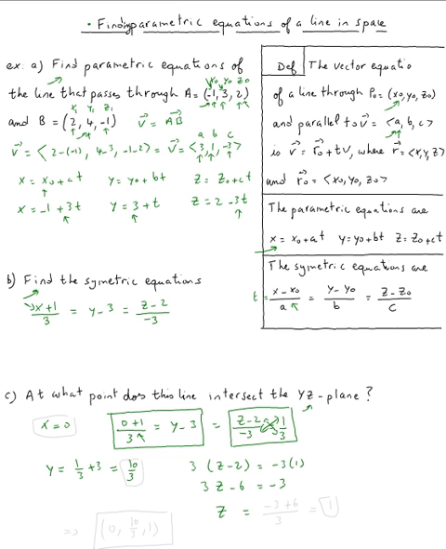So z equals -3 plus 6 over 3, which is 3 over 3, which is 1. Alright, so I have my x is 0, my y is 10 over 3, my z is 1. So therefore, the point will be 0, 10 over 3, 1. So this is my point, and that's it for this example.